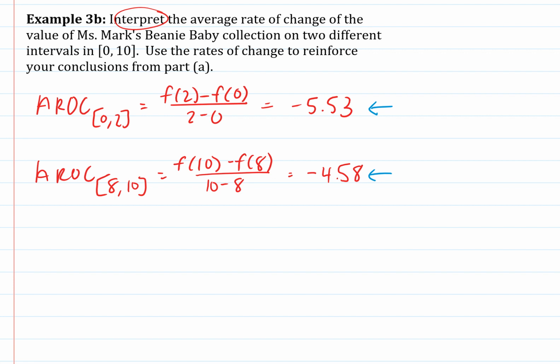This is an additive rate of change, and we can see that her collection is decreasing in value, since these numbers are both negative, and it's decreasing at a decreasing rate, meaning it's decreasing faster here, and then as time goes on, these would be later years, the value of her collection is decreasing slower. So that's why we're reinforcing our conclusions from part C.